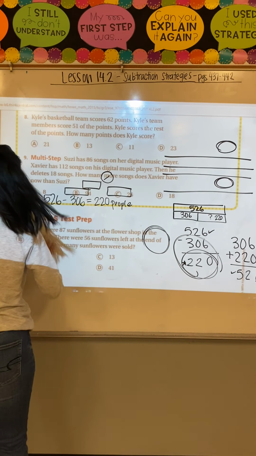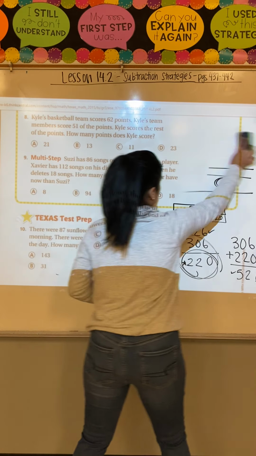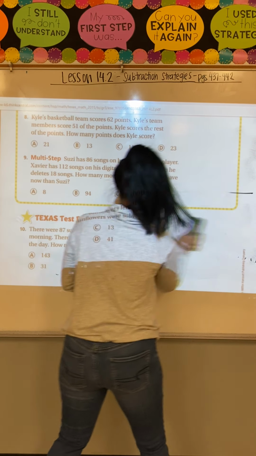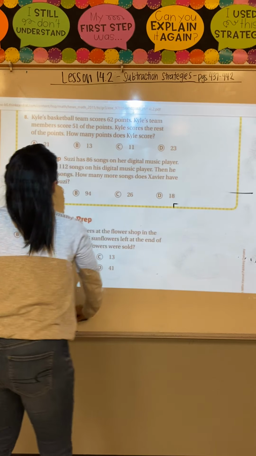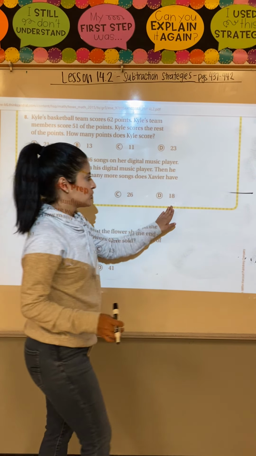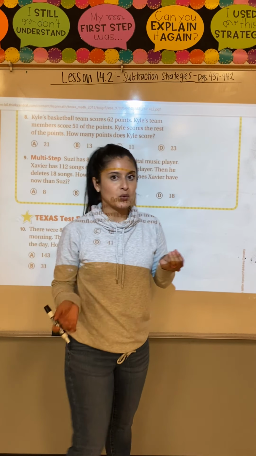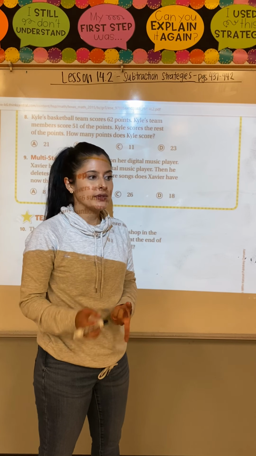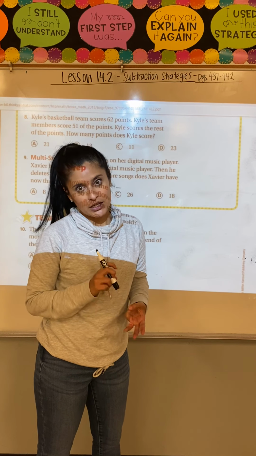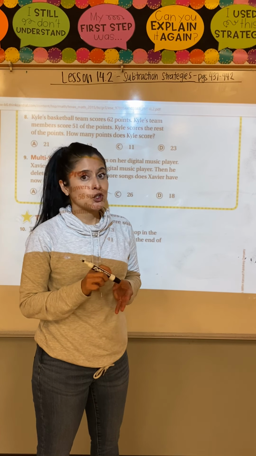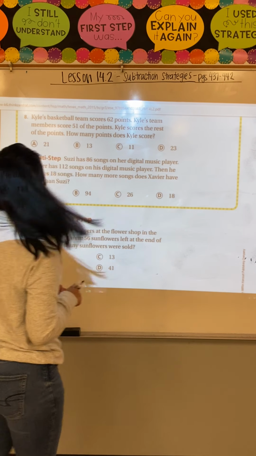Okay, we'll do number 8 and 9 together, and then you'll have some independent practice. Now notice on 8 and 9, there's no pictures, so we could use a strategy that we prefer here. So far we've used a number line, an equation, and strip diagram. Choose whichever one works best for you.